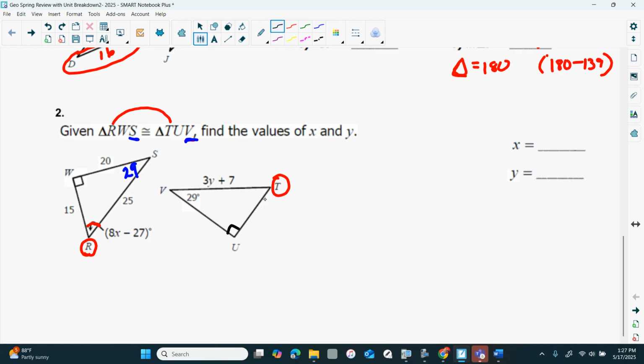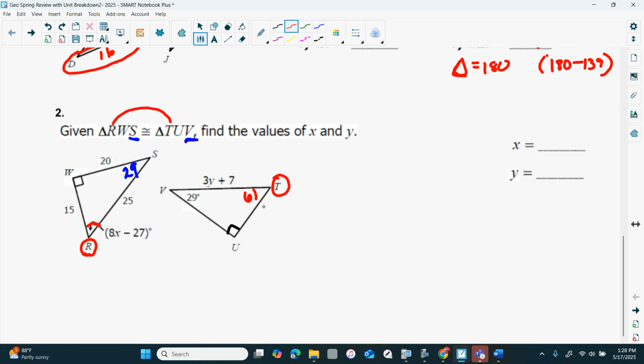So I can find that missing angle just using the right triangle and what we just did previously, finding the missing angle. In right triangles, the two acute angles are always complementary. They're always equal 90. So instead of just adding all three, I just need to subtract 90 from the 29, and I'll get that this missing angle here would be 61.